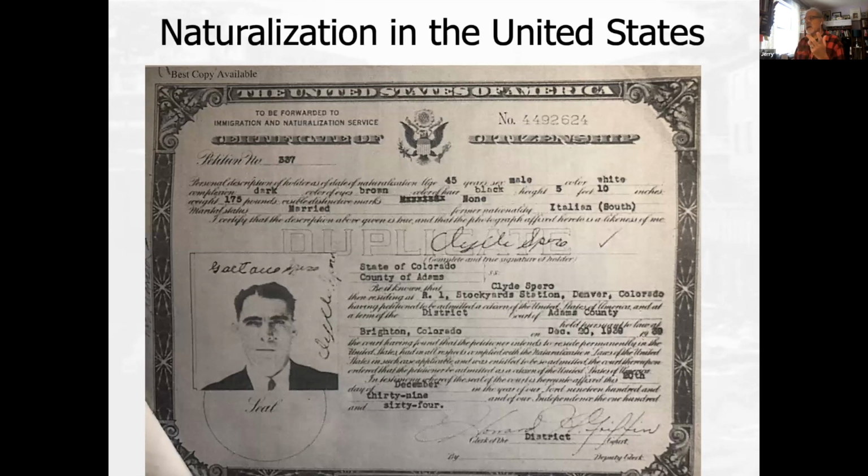So let's look at some naturalization records. This is a certificate of citizenship from my grandfather on my maternal side. This is at the end of the naturalization process, when the immigrant is actually granted citizenship in the US, and it gives good information: it tells you where he's residing, his age, when this was done, and a photo of him, which is kind of cool.